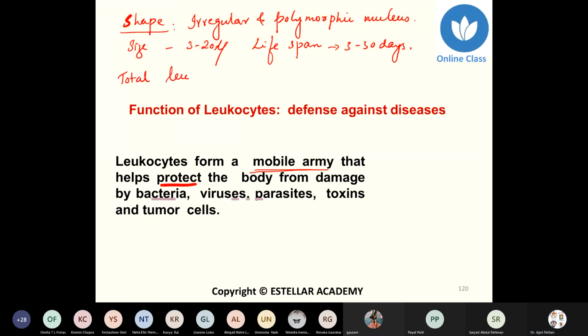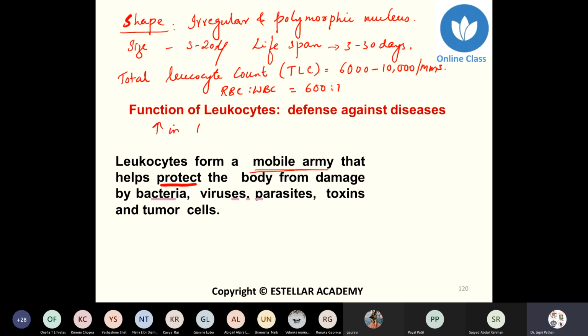Total leukocyte count, TLC, is 6,000 to 10,000 per mm cube. The ratio of RBC to WBC is 600 to 1. If you find 600 RBC, you see only 1 WBC there.